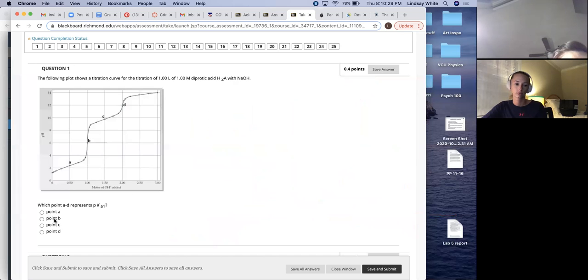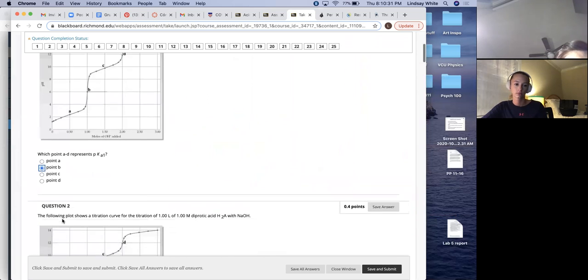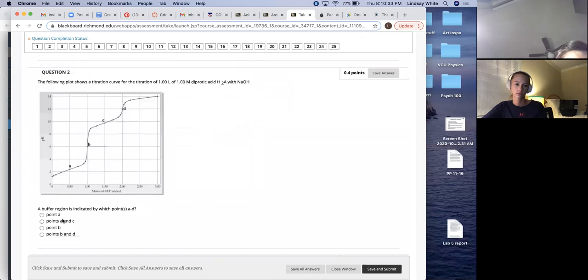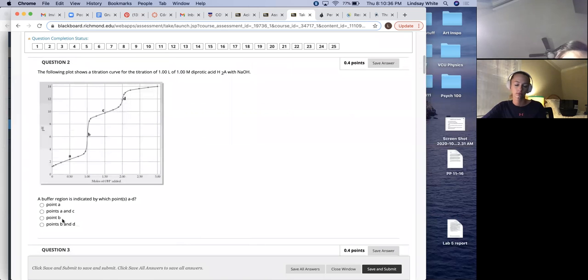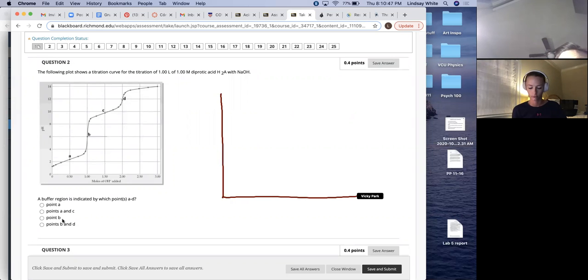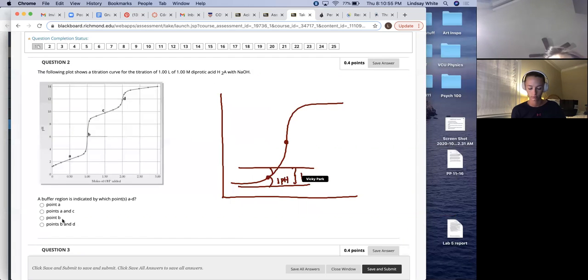Good. Buffer region is indicated by which point? Ah, the buffer region: the mid-equivalence point, plus or minus 1 pH, is the best buffer. Okay.